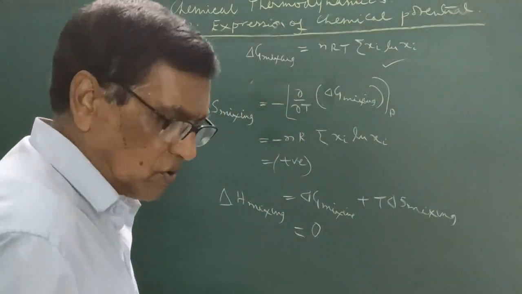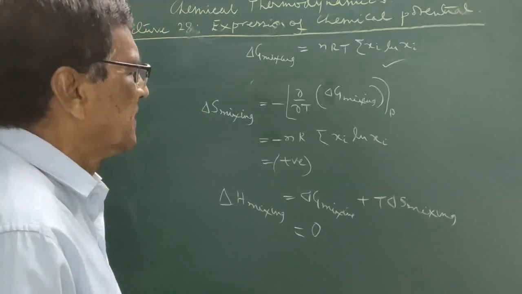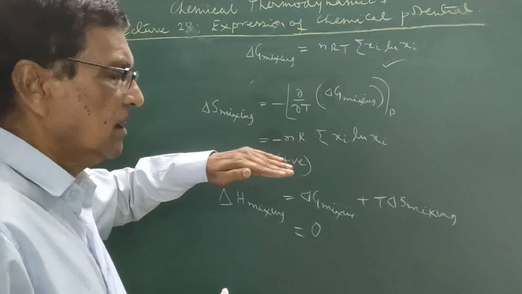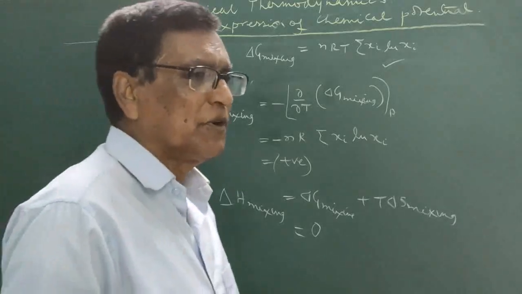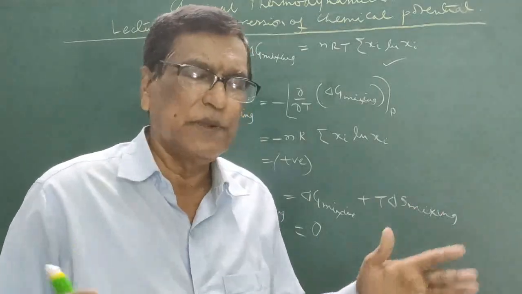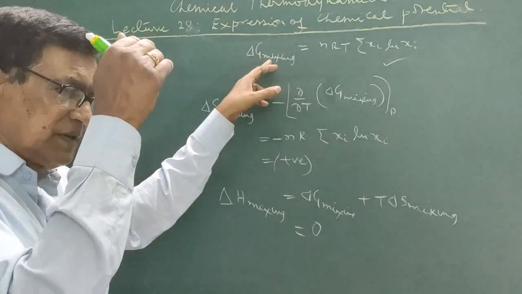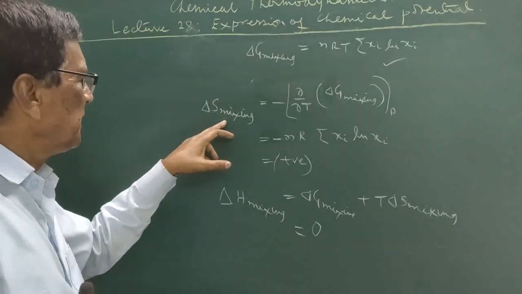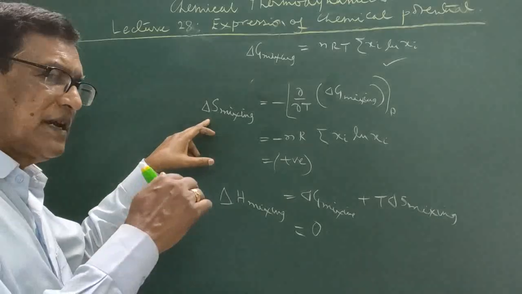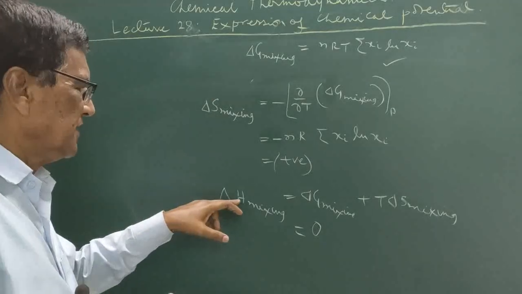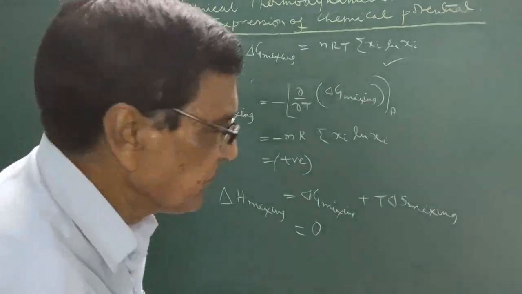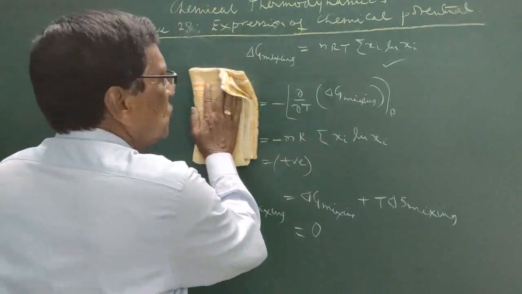We can also calculate that whenever equal mole numbers of these different gases are mixed, the free energy change becomes minimum, or the entropy change becomes maximum, while delta H mixing is always equal to 0. And that can be done.